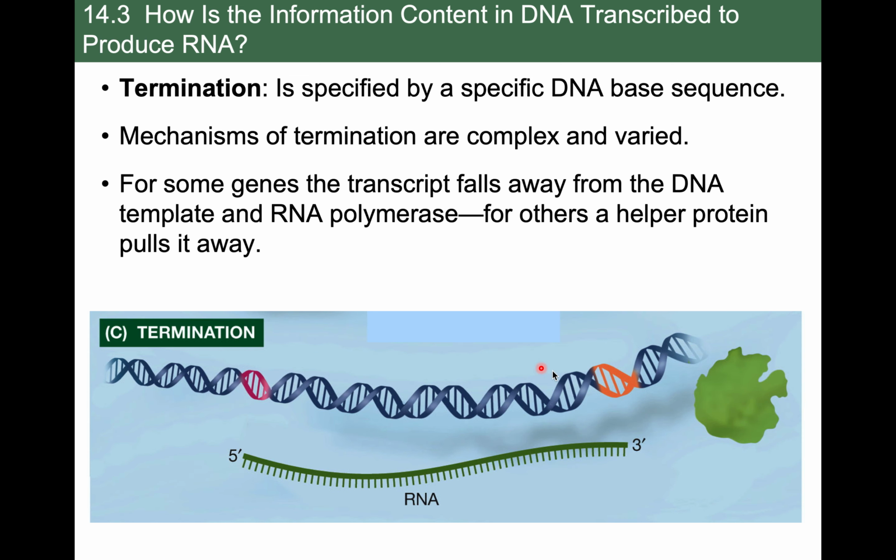And then at some point at the end of the gene, there's going to be a special sequence in the DNA called the termination sequence. And when RNA polymerase encounters that sequence, it knows, okay, I've reached the end of the gene, it's done, and it will literally just fall away from the DNA, letting the new RNA transcript that it made go.